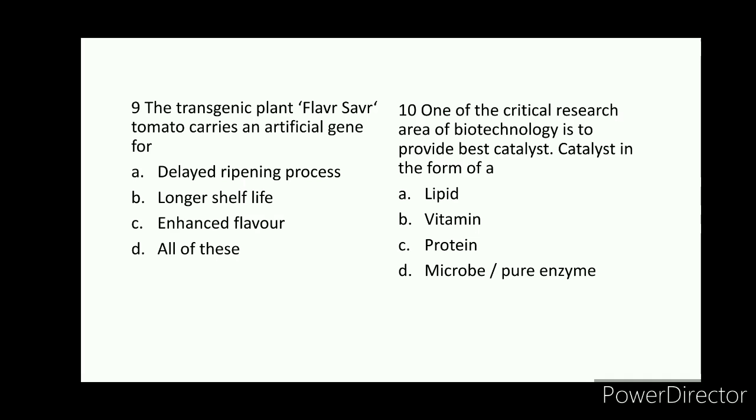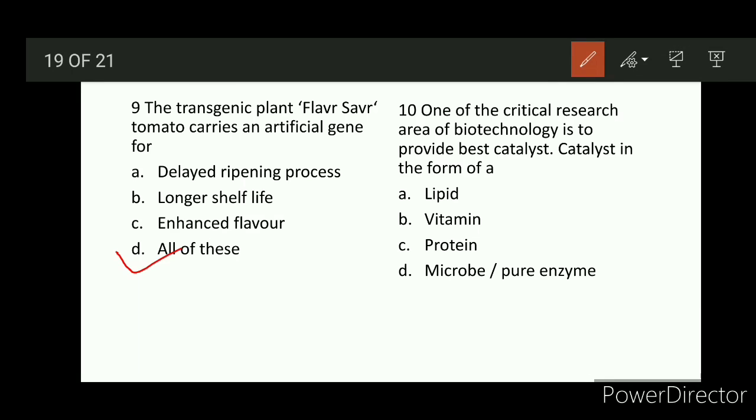Longer shelf life, yes, if the ripening of the tomato is delayed, then it increases the shelf life of this tomato, and it has a rich, stable, firm and enhanced flavor. So option D, all of these, is the right answer.